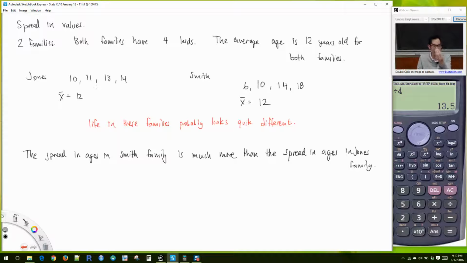The number that we use to capture this idea of spread is known as the standard deviation. So the standard deviation is a numeric summary for spread.